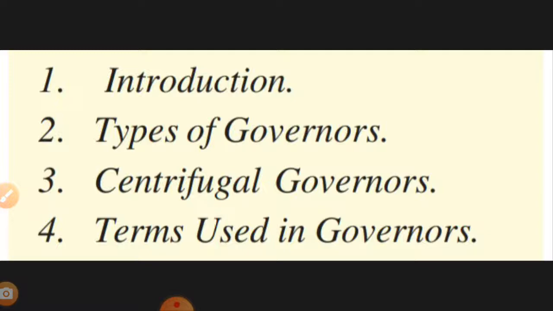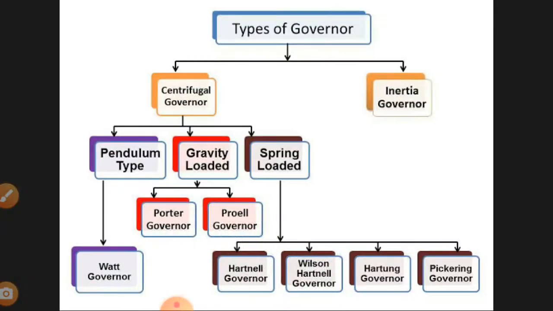Okay, next we will see the types of governors. Governors are broadly classified into two types: centrifugal governor and inertia governor. Inertia governors, due to high mass and weight, are not used in practice.